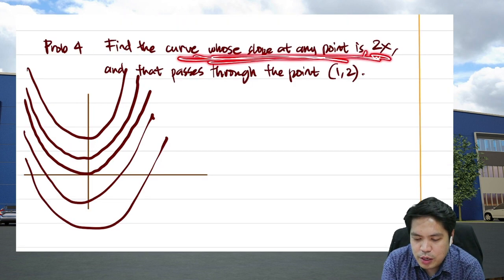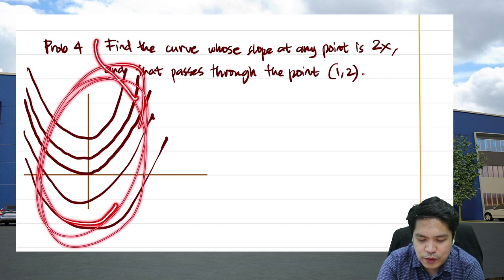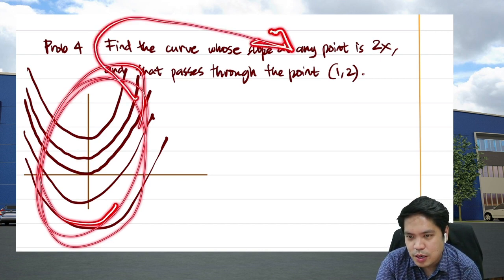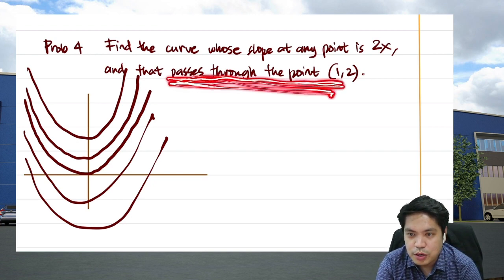So what we are looking for is the particular curve. So these are the general curves that fit this description. Or kung doon na tayo sa differential equations or DE, that's the general solution. What we are looking for is the particular curve or the particular solution.